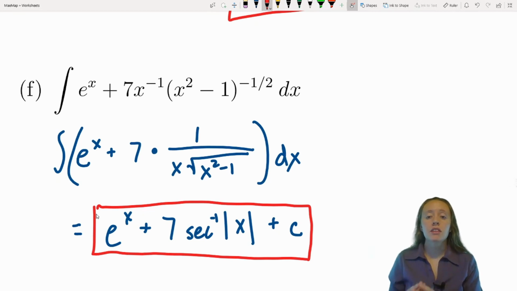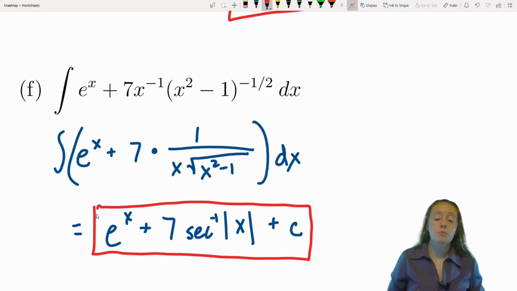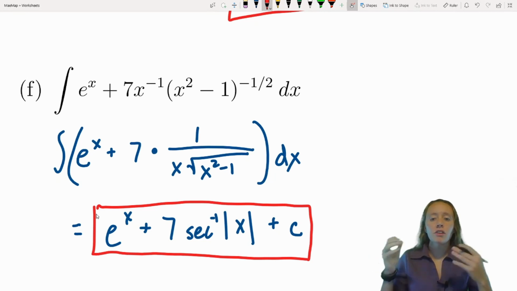But I would say the best thing you can work on in order to succeed is to make sure you know how to take derivatives, because you can always double check by taking the derivative of your solution once you integrate and see if it's correct. So I would definitely practice derivatives before continuing on, and then also practice these basic integrals.